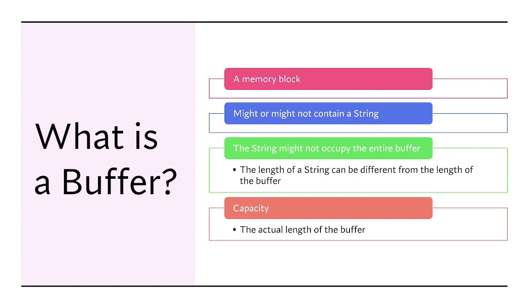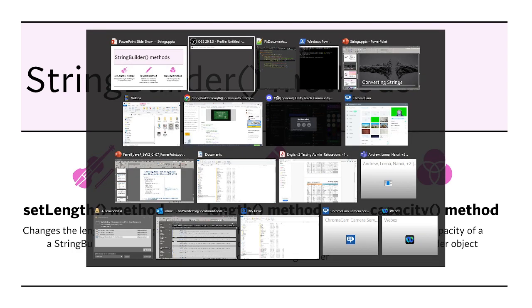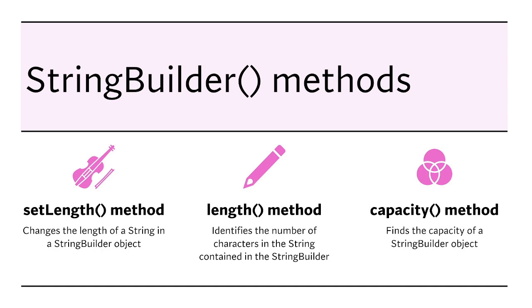All right. StringBuilder methods. There's a setLength method. There's a length method that returns the length, so it's like a getter. setLength is a mutator. There's a capacity method that finds the capacity of the StringBuilder object.